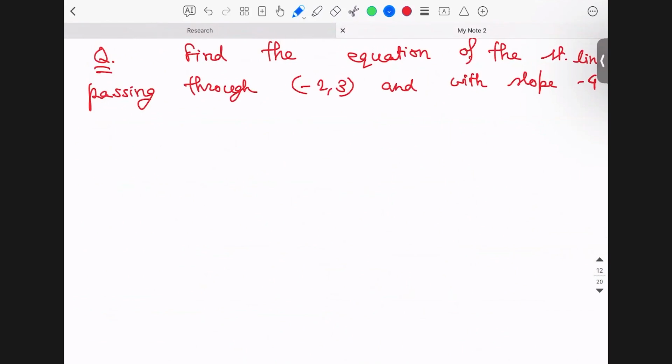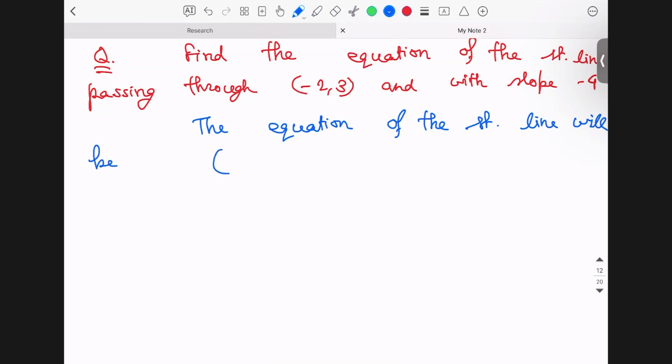So the equation of the straight line will be y minus 3 equals m, that is -4, into x plus 2. Why plus 2?